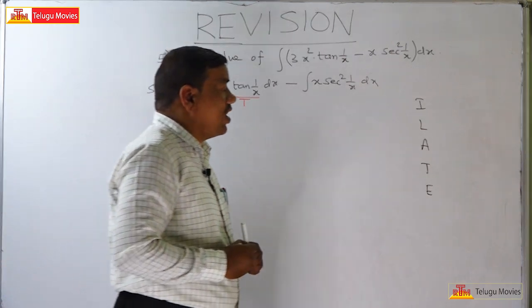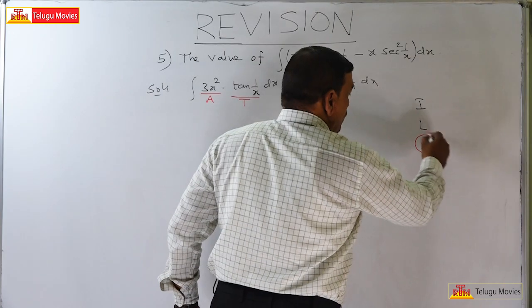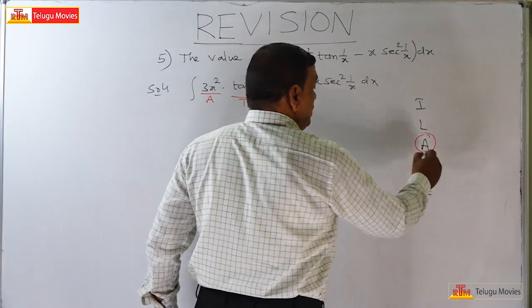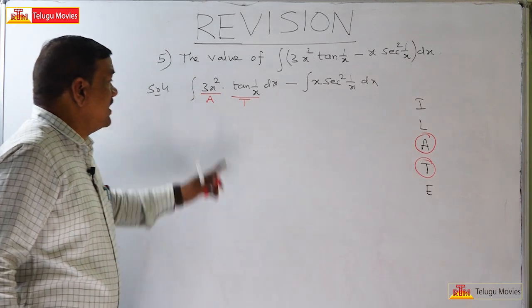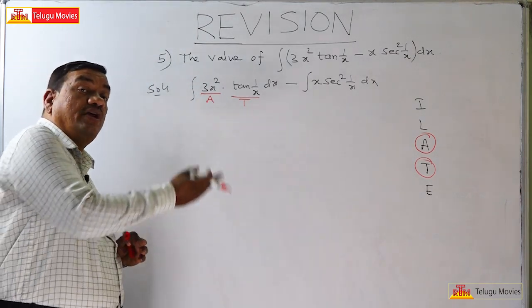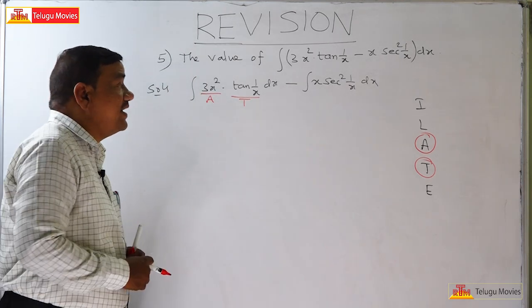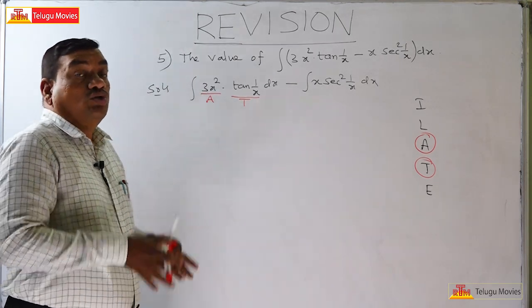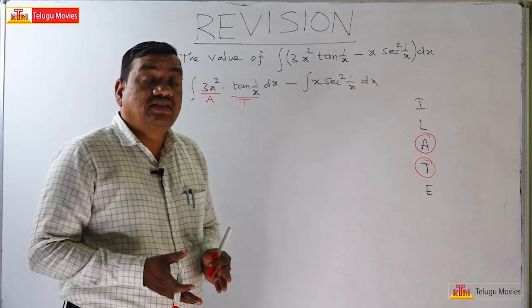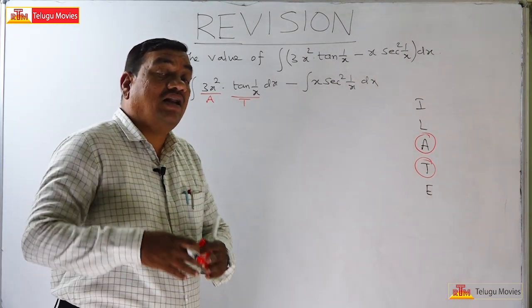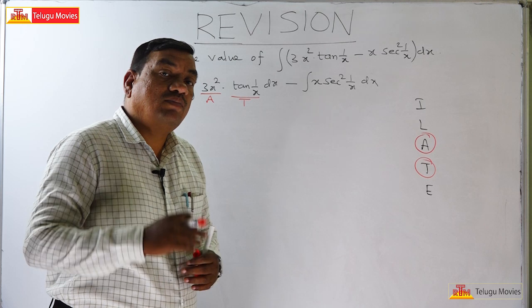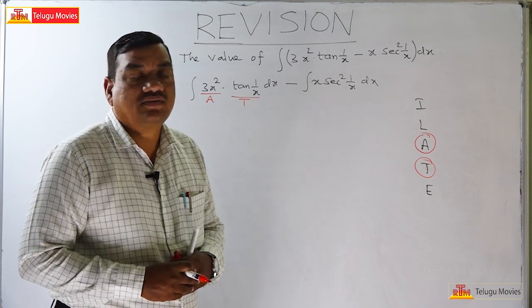So according to our rule, first algebra, next trigonometry. That's why 3x square you have to take outside, and integral of tan of 1 by x you have to do. If you start doing the integral of tan of 1 by x, the problem will become somewhat difficult.